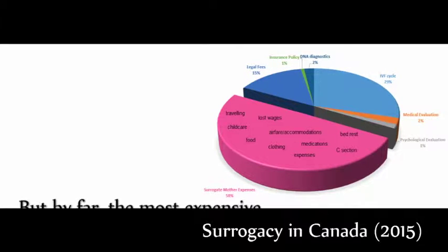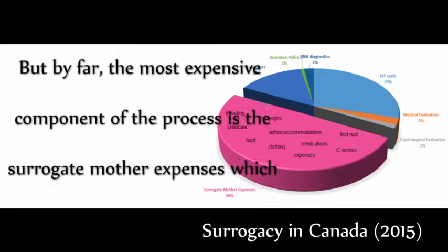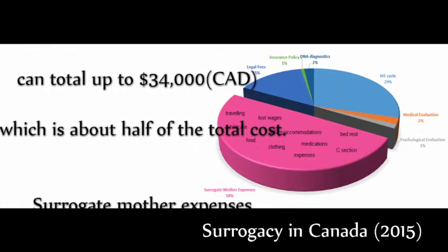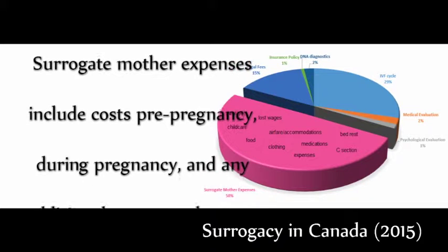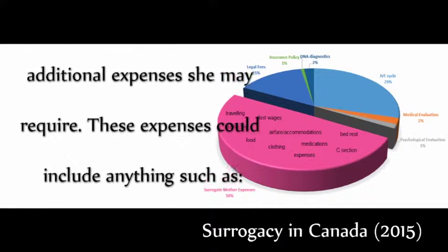But by far, the most expensive component of the process is the surrogate mother expenses, which can total up to $34,000, which is about half of the total cost. Surrogate mother expenses include costs pre-pregnancy, during pregnancy, and any additional expenses she may require.